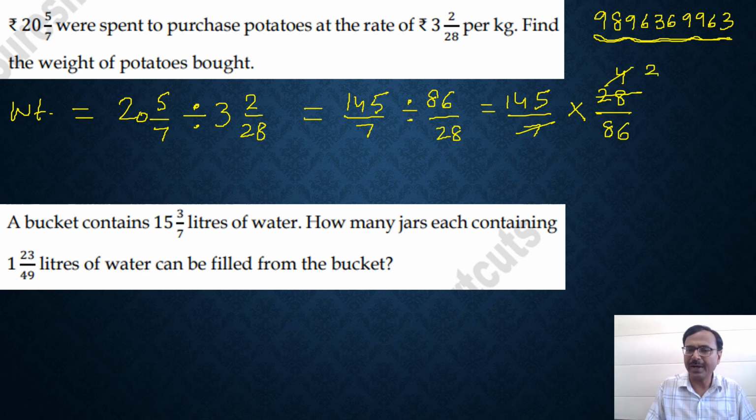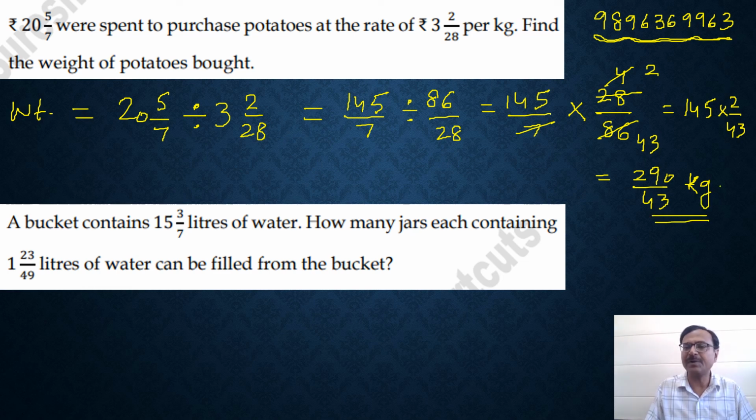This is 2 and this is 43, and therefore the answer for the question will be 145 times 2/43, and that's 290/43. So you can convert that into a mixed number to get the answer in mixed number form, or you can leave it like this, or you can convert it into decimals, whichever way the answer expects you to be quoted.